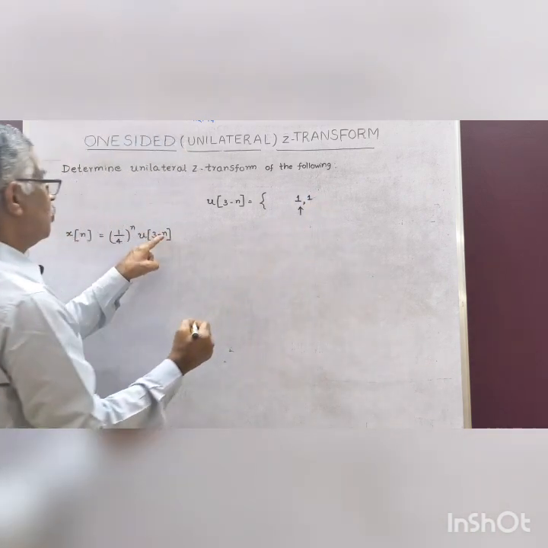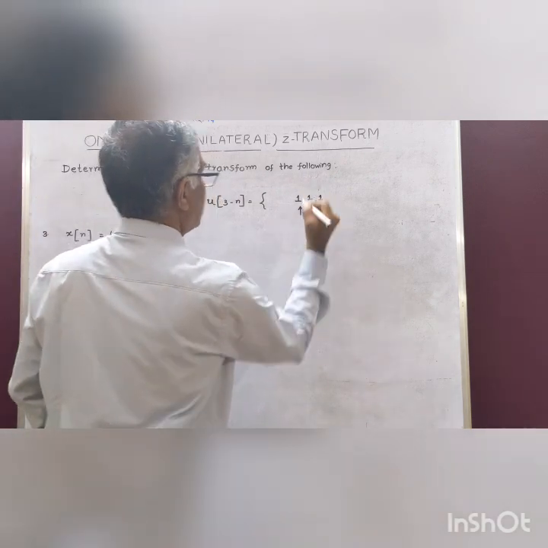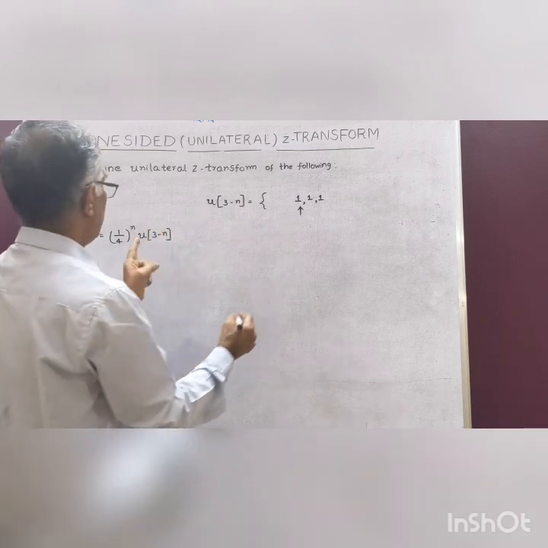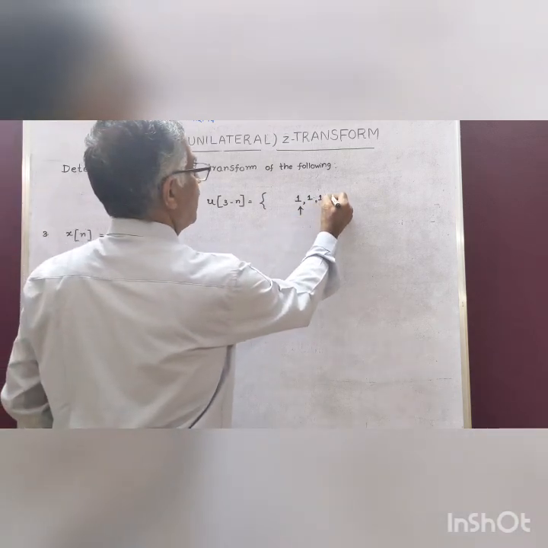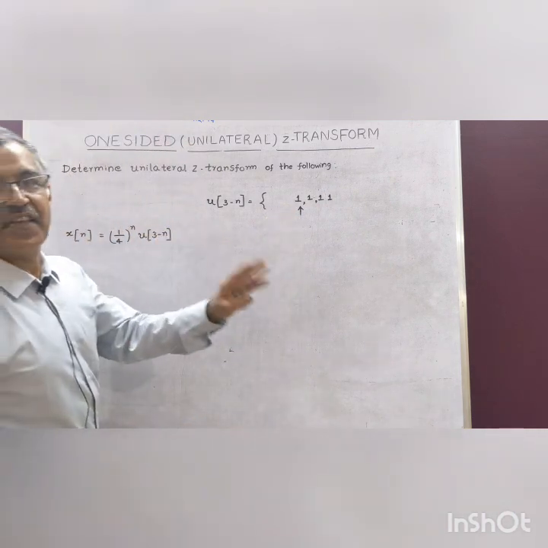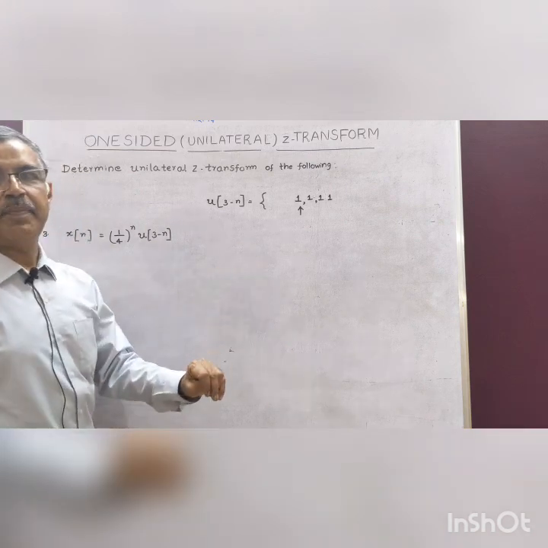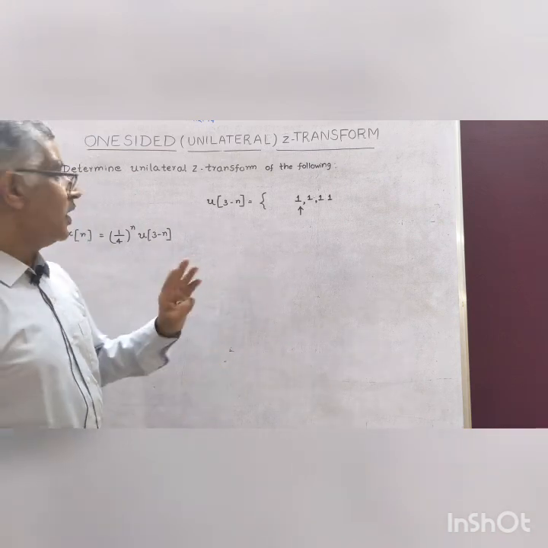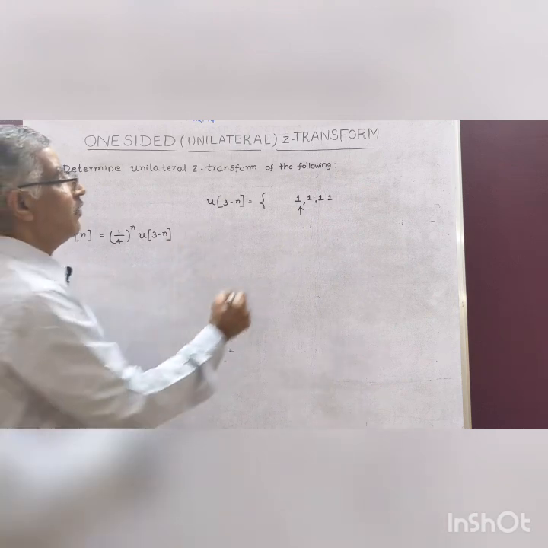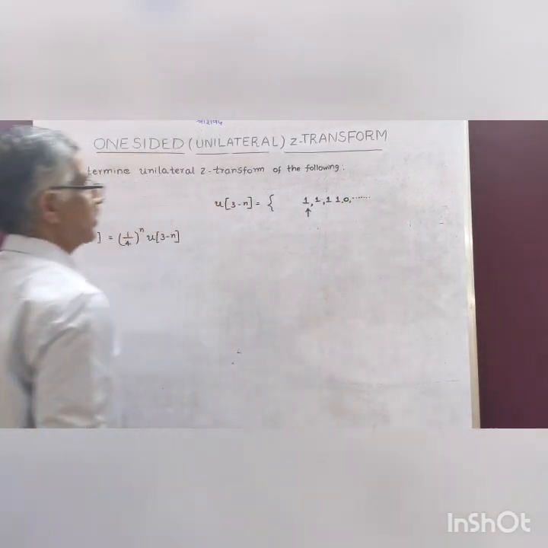Next, n equal to 2, 3 minus 2, 1, argument is positive. Then n equal to 3, 3 minus 3, 0, still the argument is non-negative, its value is 1. But for n equal to 4, 5, 6, etc., 3 minus 4, 3 minus 5, 3 minus 6, it becomes negative. Therefore, the argument becomes negative, there is no functional value. Therefore, 0, 0, etc.